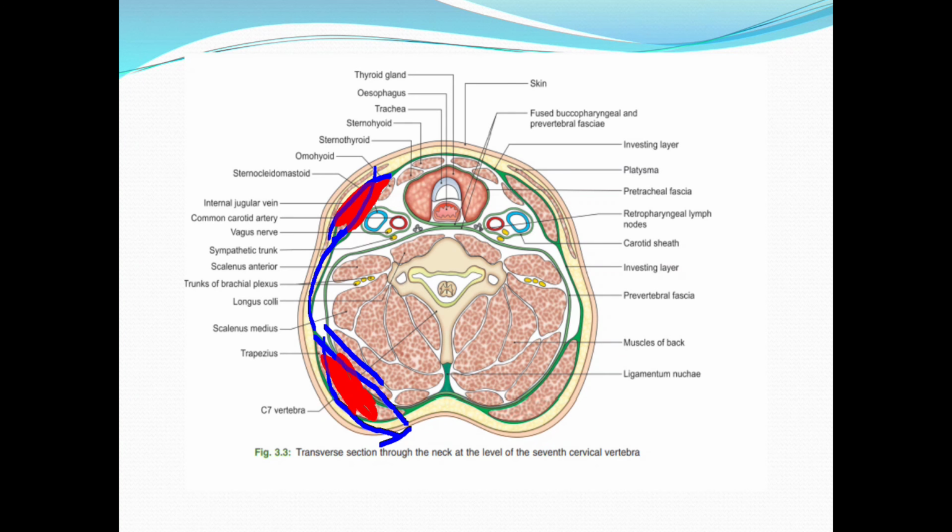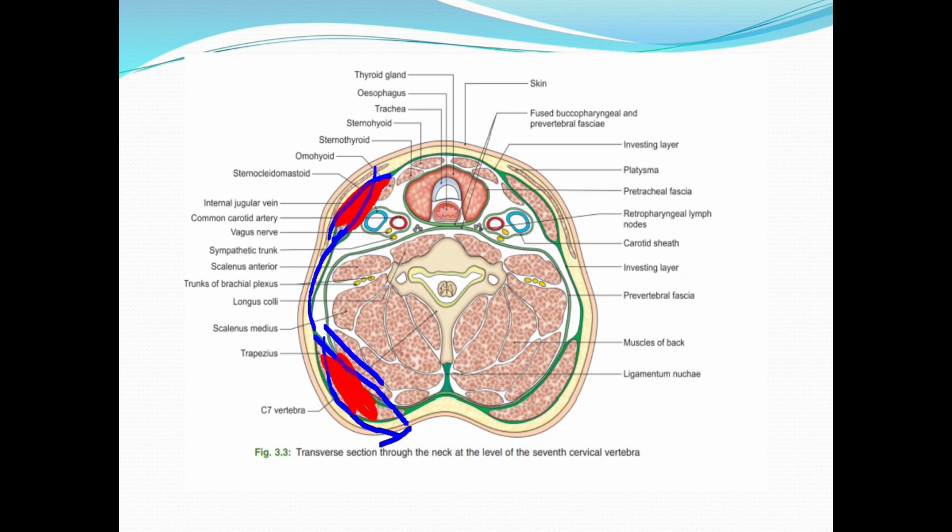And which deep fascia? The investing layer of deep cervical fascia. This investing layer of deep cervical fascia encloses the neck like a collar. It splits to enclose the sternocleidomastoid muscle anteriorly, and posteriorly it splits to enclose the trapezius muscle. And you all know that the space between these two muscles is the posterior triangle.